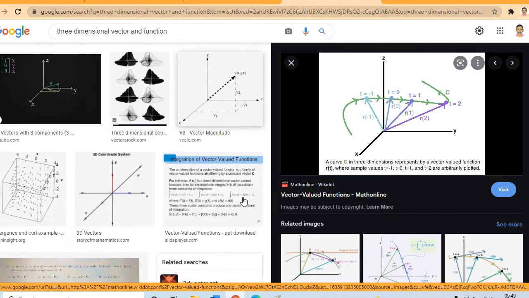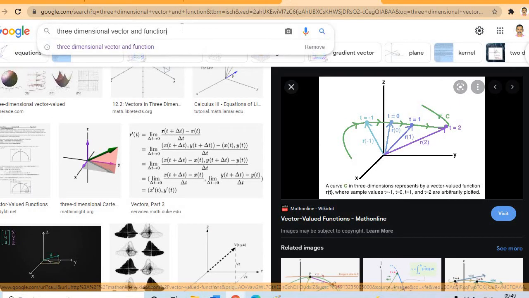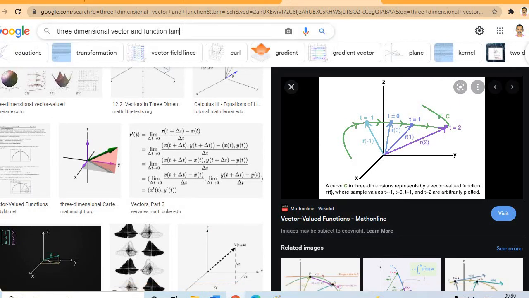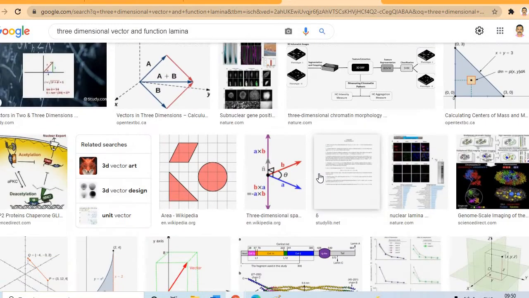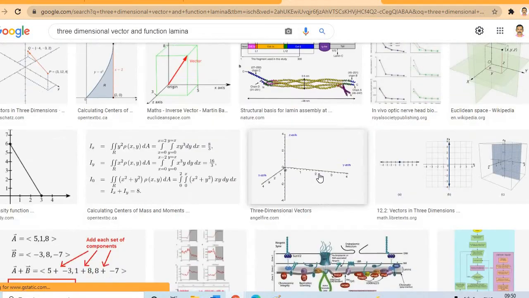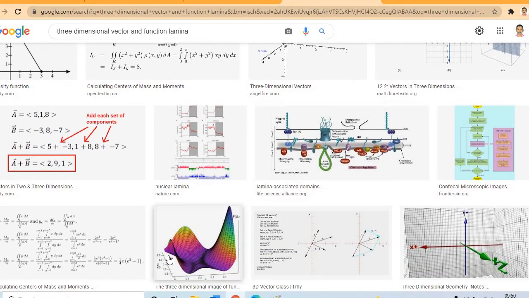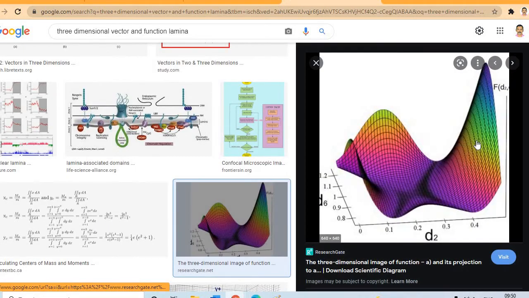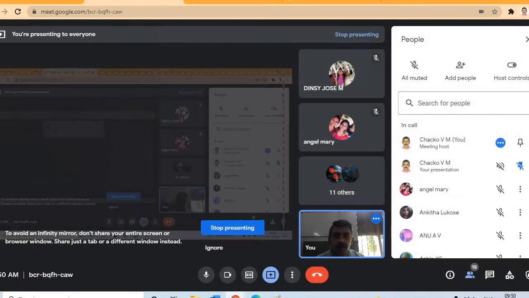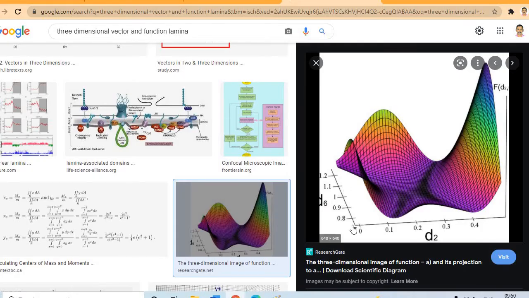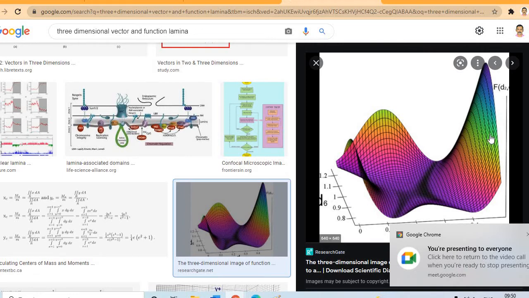And similarly, this is also three-dimensional, and the range is two-dimensional.